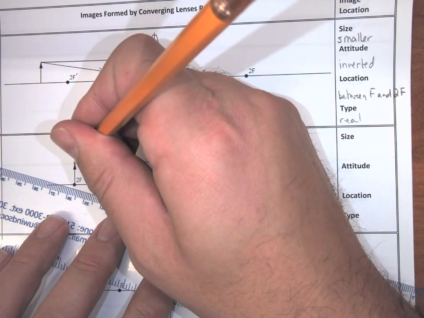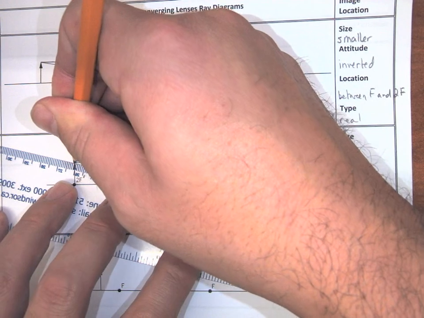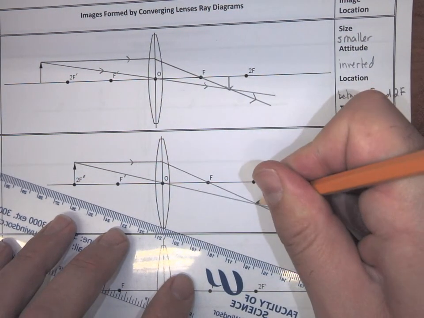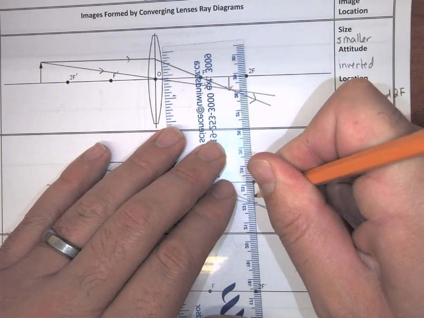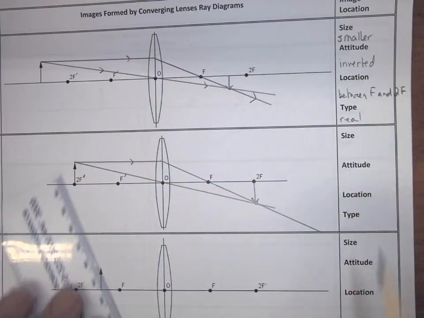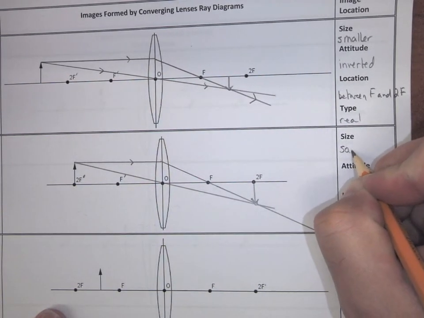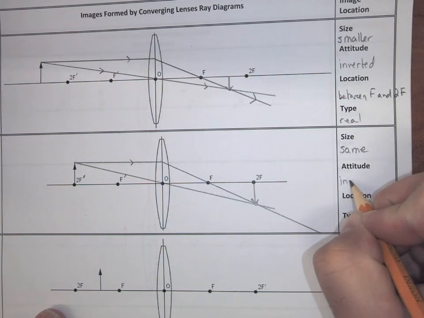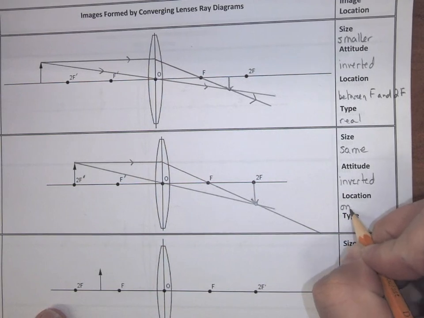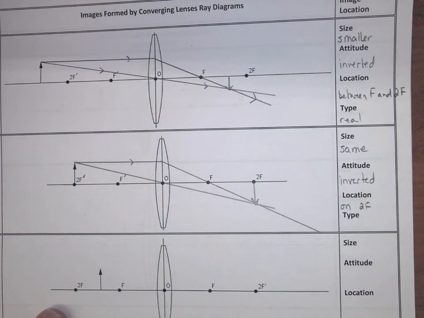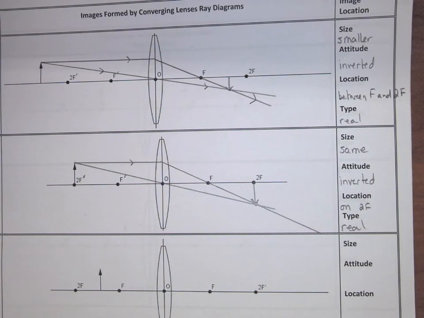Ray number 2 is drawn directly through the optical center, and if we did this accurately, then our image should be found on 2F. The size will be the same. The attitude is inverted. The location is on 2F, and the type is real because it is our refracted rays that are converging.